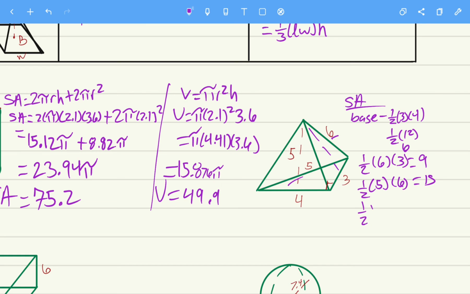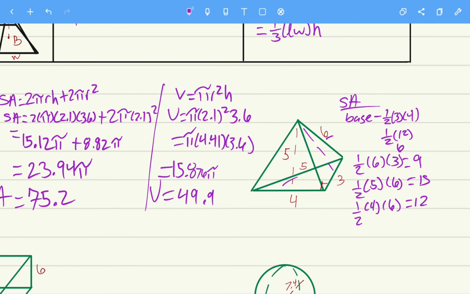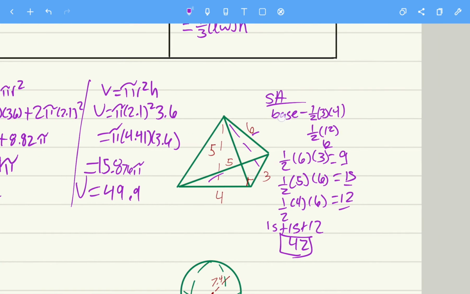Now do the front side, we get 1/2 times 4 times 6, which gives us 12. Add all of these together, we get 15 plus 15 plus 12, which is 42. So the surface area of that is 42. What I did was just find the area of all four sides of that.